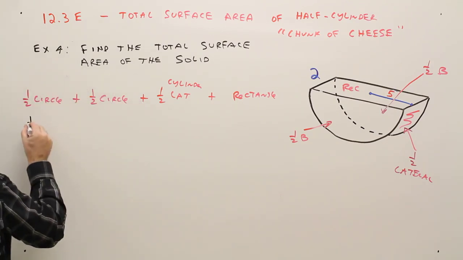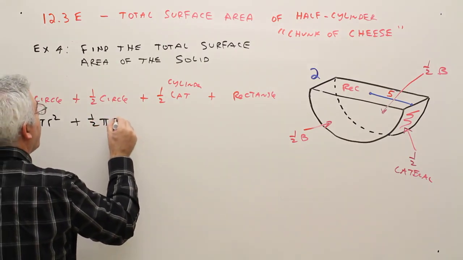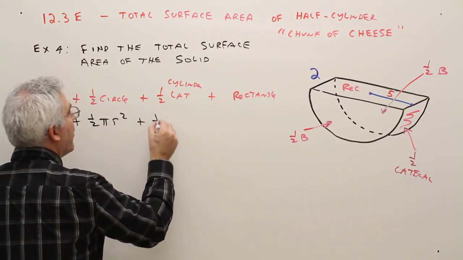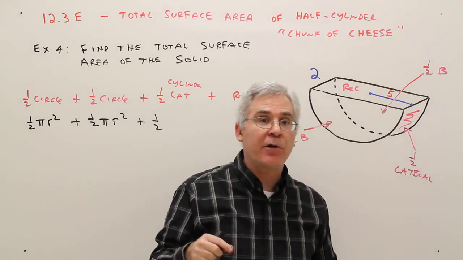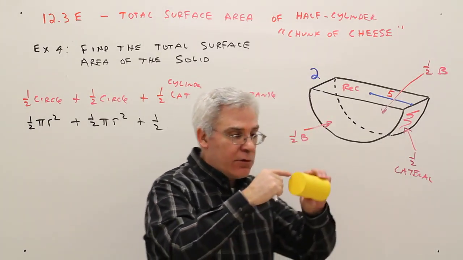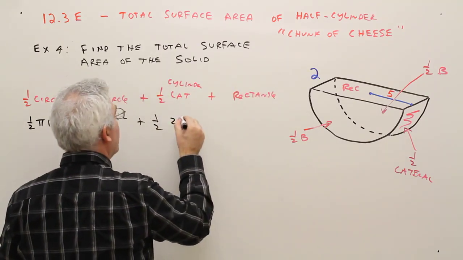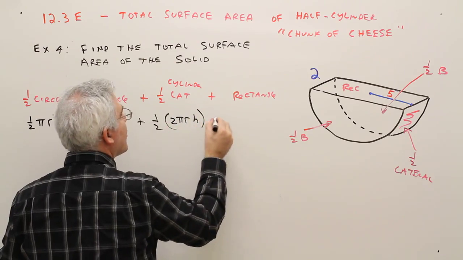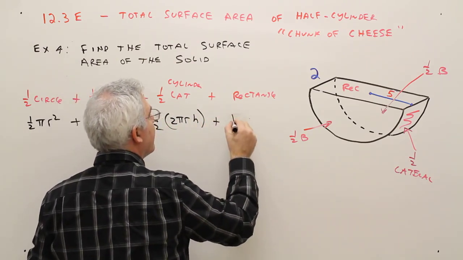So this will be 1/2 pi r squared plus 1/2 pi r squared plus 1/2 of the lateral. The lateral of a whole cylinder is 2 pi r h. And then a rectangle, I'll just go base times height.